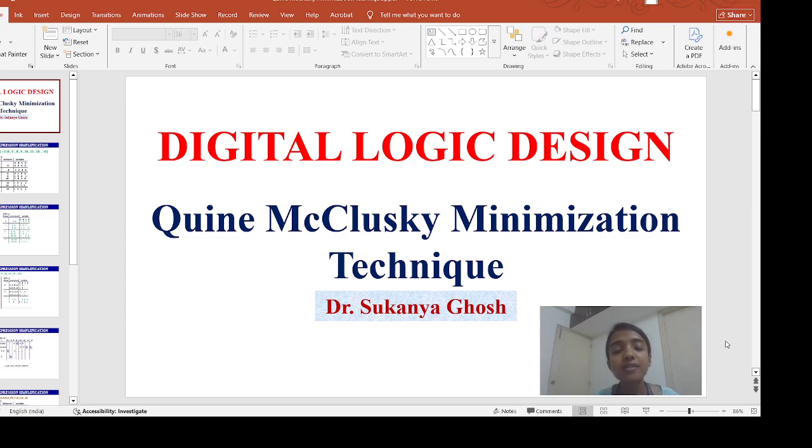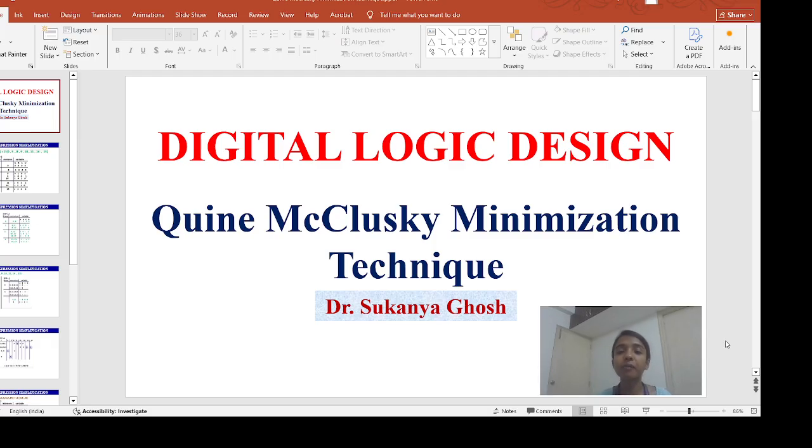Welcome back, students. So today we will learn about another Boolean expression simplifying technique, which is called Quine McClusky minimization technique. Previously we have already seen the Karnaugh map method to simplify Boolean expressions.